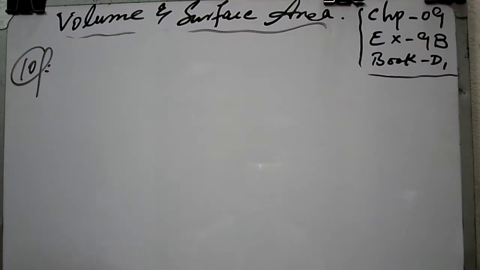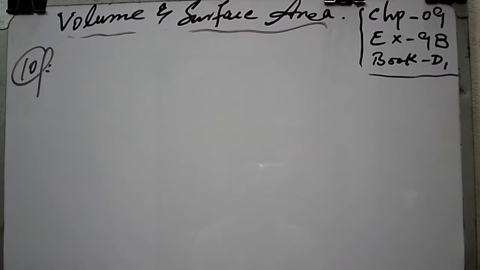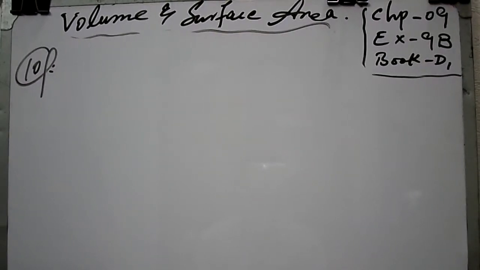Question number 10. A tin which is 12 cm long, 9 cm wide and 4 cm deep holds 120 grams of tea. If 1 kg of the same tea is packed into a tin which has 12 cm square base, how tall will the tin have to be?